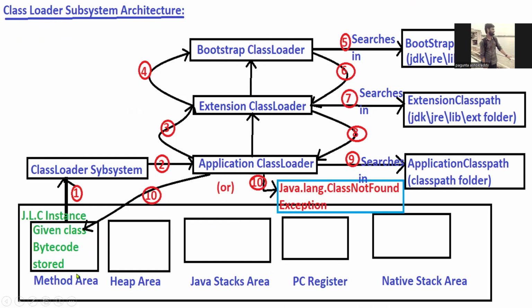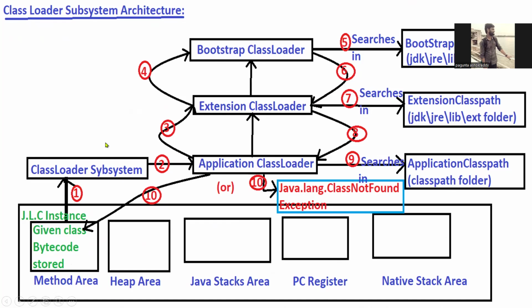Okay, what I'm going to discuss here is simple. Whenever a .class file is loaded into the class loader subsystem, this class bytecode is stored in the method area.